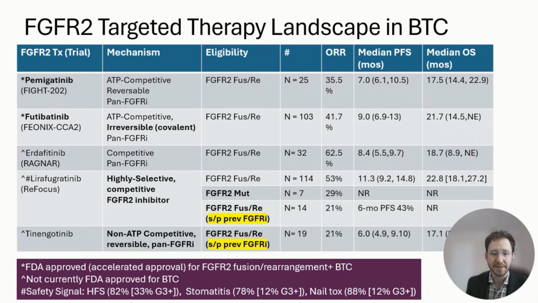And just to make a comment here, we're talking with tenigatinib, and again, this is a patient that's already seen first line chemoimmunotherapy, has already seen one FGFR inhibitor, and hopefully gotten benefit from that. And when they're treated with tenigatinib, from then on, they're getting a median OS of 17 months, which is really fantastic to be seen.